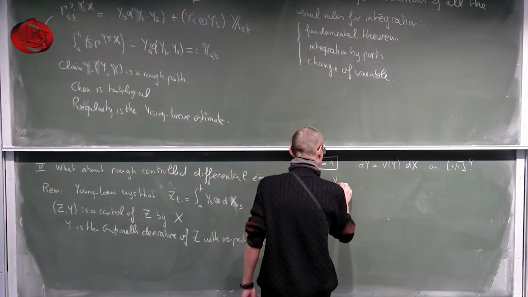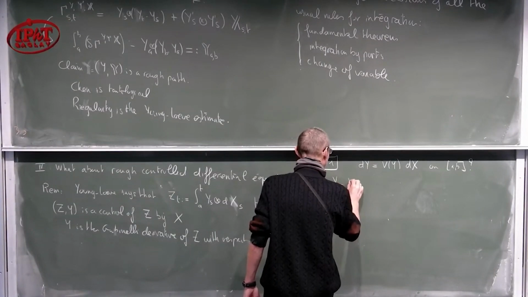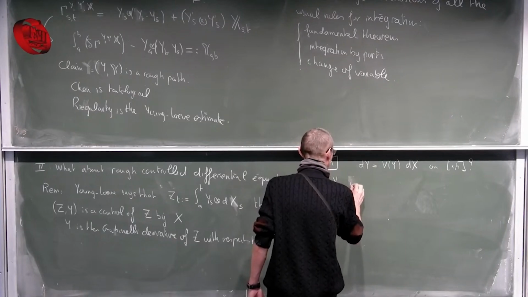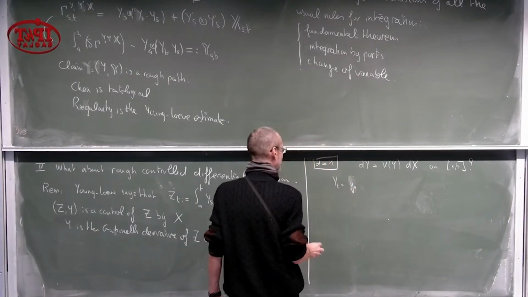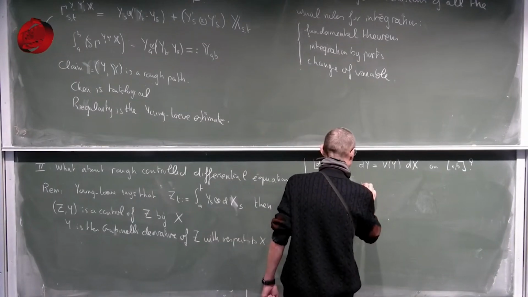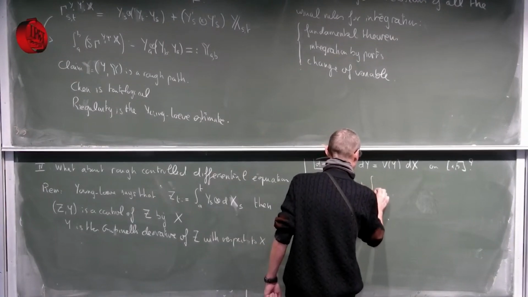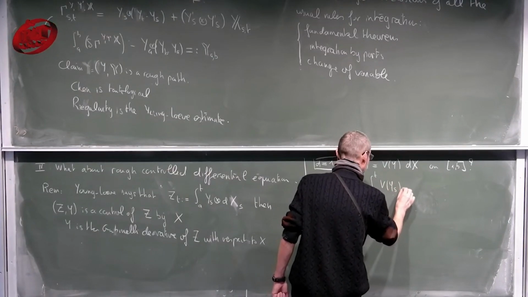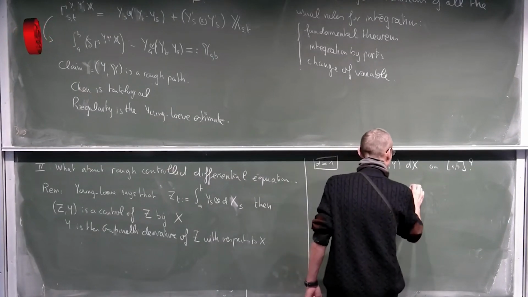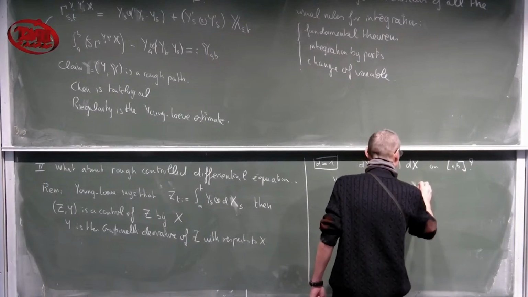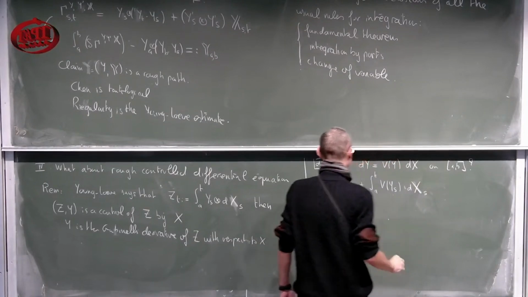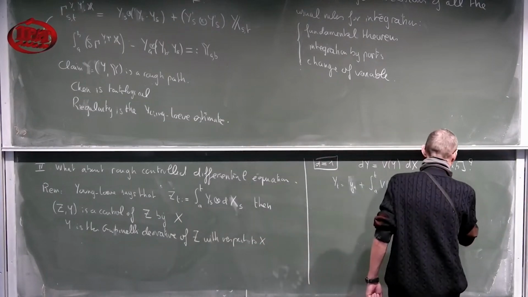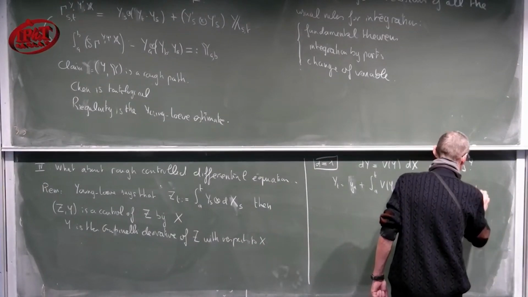So this would say that y_t is equal to y_a, let me take the initial condition, plus the integral from a to t of V of y_s dx_s. Is a possible interpretation.